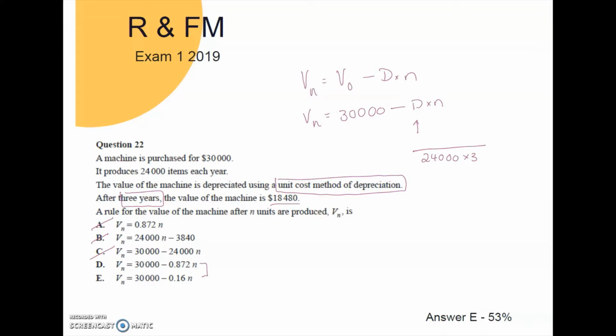So the difference between our starting value of $30,000 and the value after 3 years, $18,480, divided by the total number of units produced in that time, will give us the cost per unit, the depreciation per unit. Okay, and when we calculate that, we get 0.16. So 16 cents per unit, that gives us our answer of E.